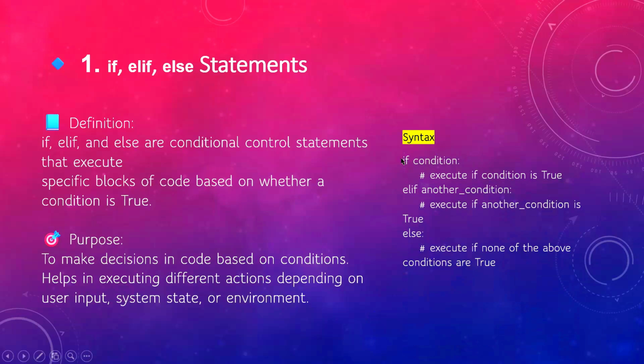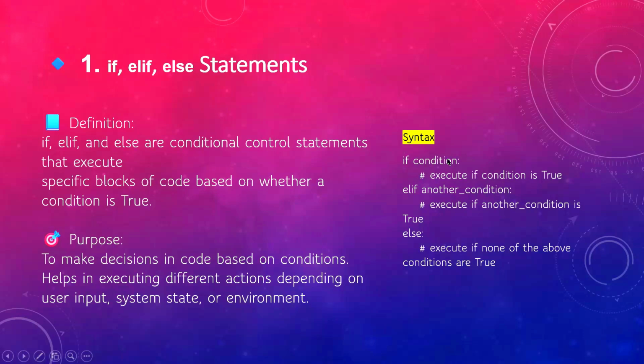Let's say if the condition is false, then it is going to check the else if condition. There is one more condition; it will check another condition. If this condition is true, then the following block of code will be executed.